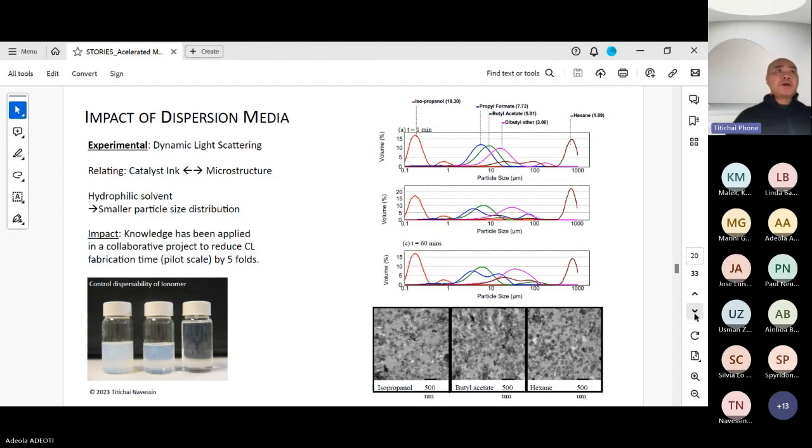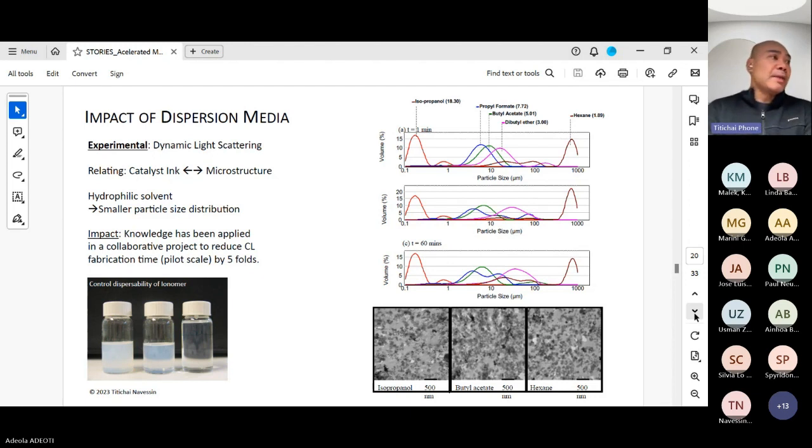If you see the figure on the right, it's a systematic investigation looking at different dispersion media from isopropanol down to hexane. So different refractive indexes here, right? And the particle size increases as you decrease the refractive index.